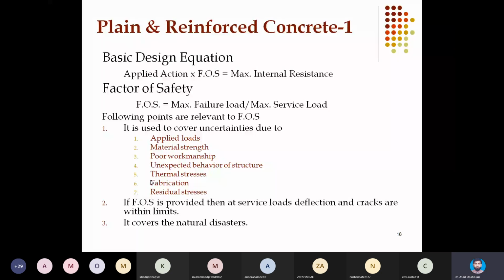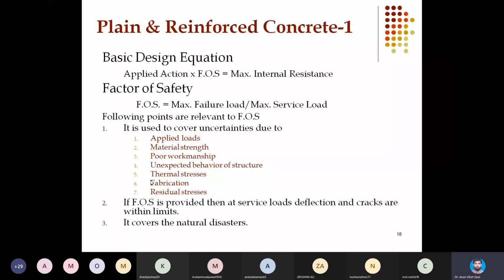For example, during the service life, if the building is subjected to a service load, dead and live load, without exaggeration of dead and live, without any addition to the selected dead and live, that will be termed as service load. Like dead load, suppose 500 kg per meter square, in terms of pressure I am talking about, and live load 200 kg per meter square.